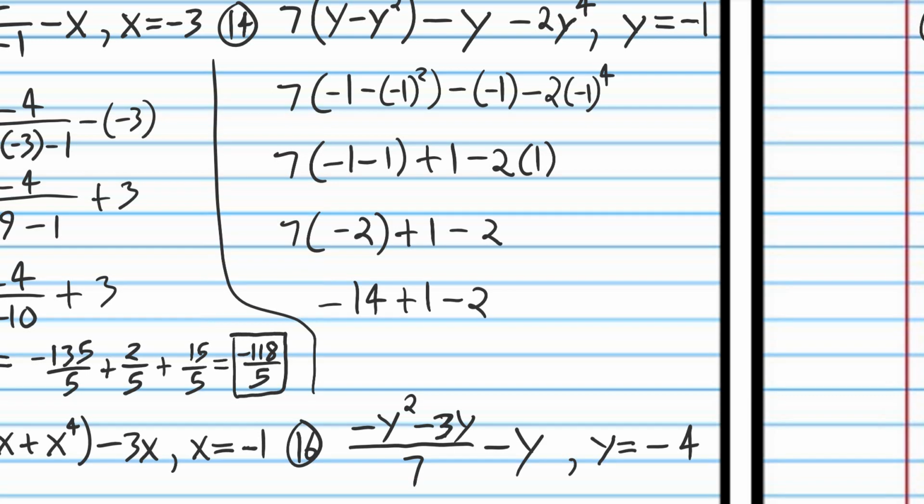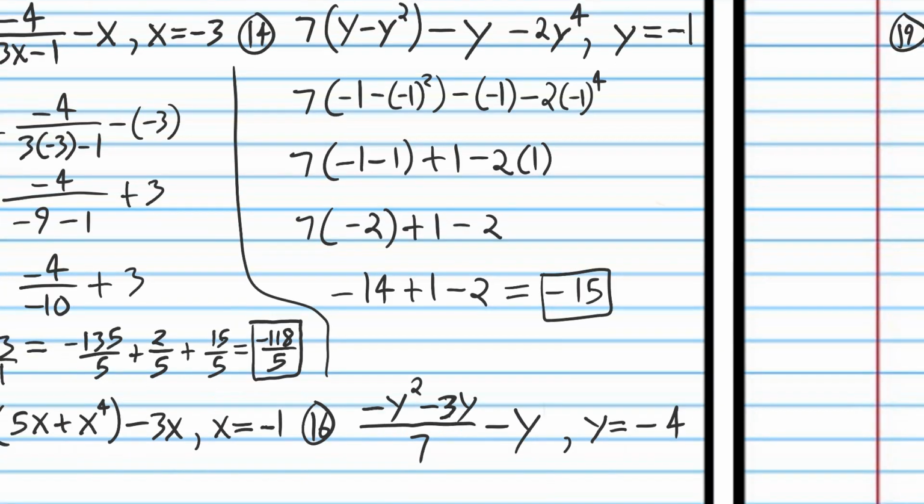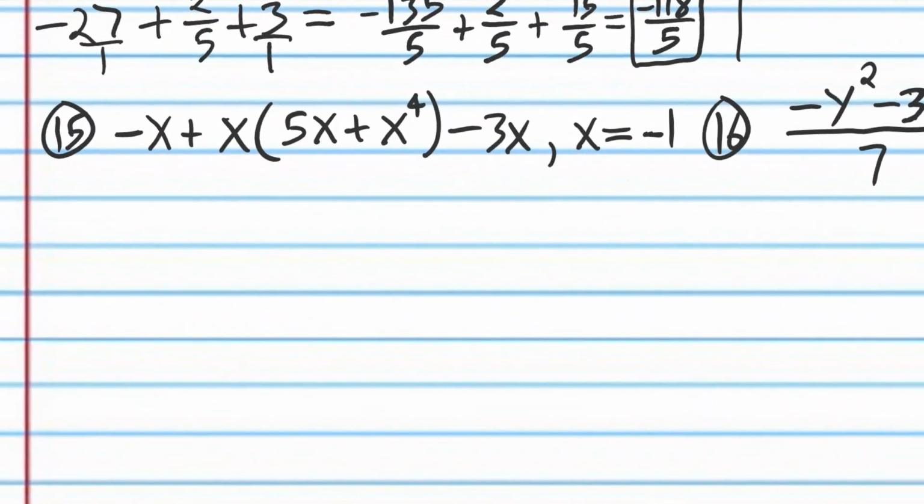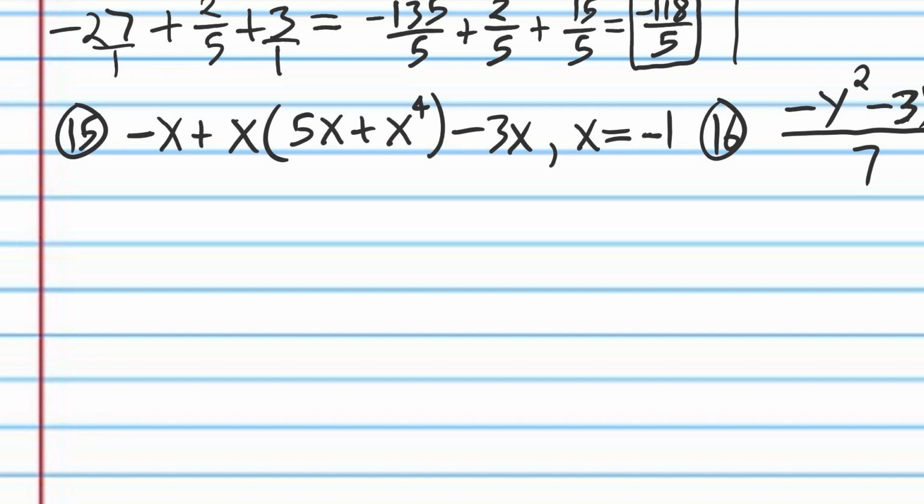Negative 14 plus 1 is negative 13. Negative 13 minus 2 is negative 15. So if you got negative 15, good job. All right, try number 15, and when you come back, we'll do it together. All right, we're back.